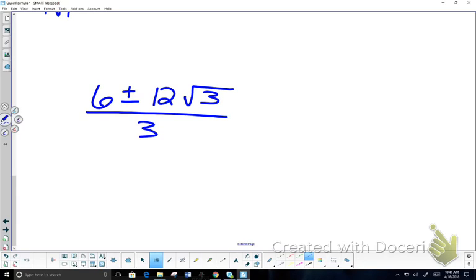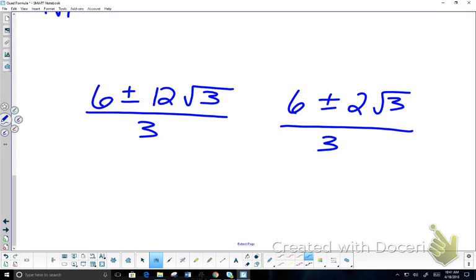What would I reduce it to? 2 plus or minus 4. Okay. Will this work? No. 3 doesn't go into 2. This is fine, but this won't work, will it? No. So it won't be done. That's it. There's nothing else to do.